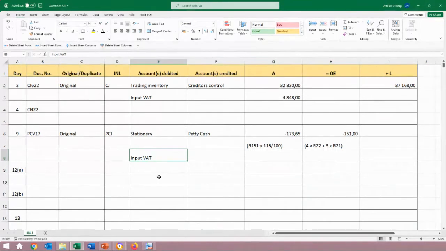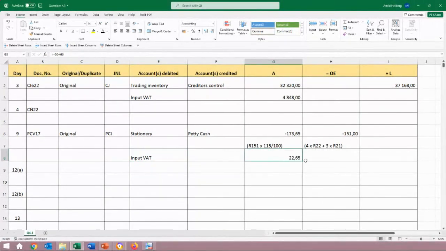So if the answer is the difference between the stationery and petty cash, will we increase the assets or decrease the assets? Are we going to show a positive amount or a negative amount in our table? Okay, Lesedi, positive. That's absolutely correct.